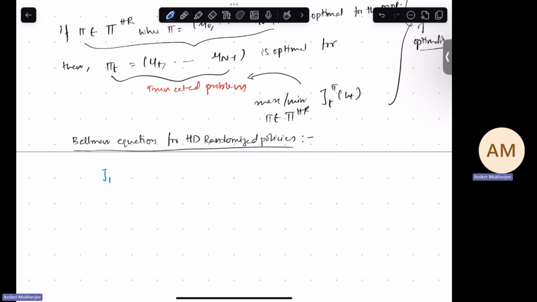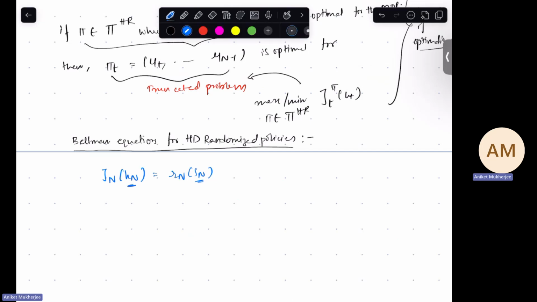So first you start with Jn of Hn. This is the total history till time limit. The reward is just dependent on the terminal state. Okay. So this is your terminal condition. You have to write it for all Hn.